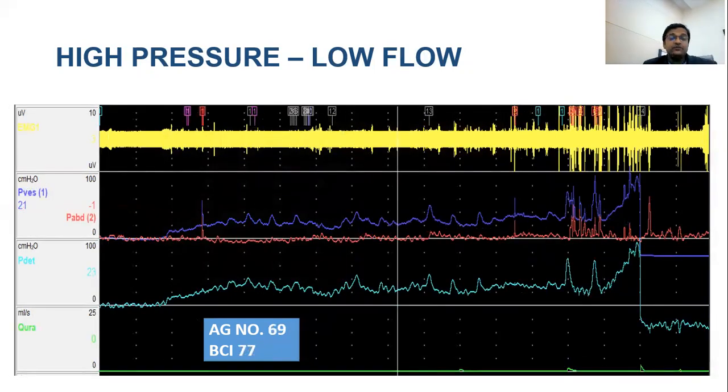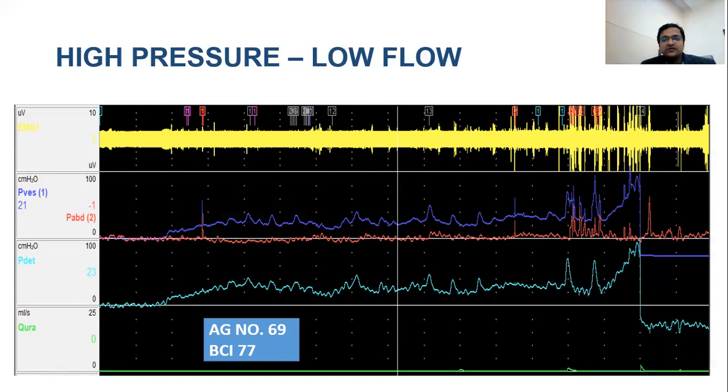This is another situation in which you find a poor compliance filling phase with phasic detrusor contractions, irregular, persistent, and towards the end you see high amplitude overactivity, coupled with increased EMG activity. One of these overactivities became very high amplitude, and there was an equivalent increase in the detrusor contraction as well as the EMG, and the patient voided a very small amount.